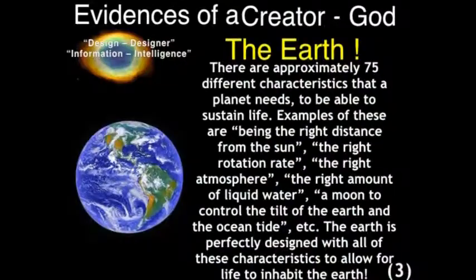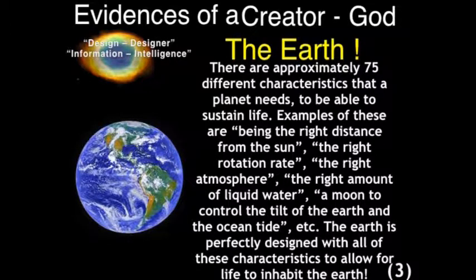The Earth itself, as we move smaller, the Earth is a wonderful place. Now, what most of us have not known is that there are over 75 different parameters that are needed in order for a planet to be able to support life. And yet, when we look at the Earth and we understand that there's so many different features, its distance from the sun, orbiting around the right type of star, having the right type of atmosphere, the right amount of liquid water, and on and on and on.